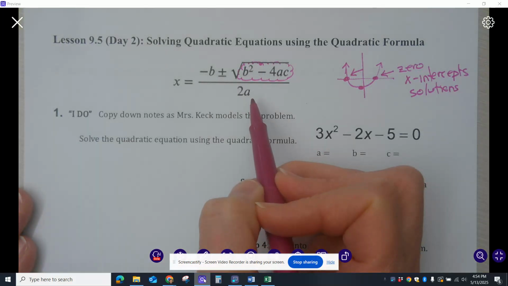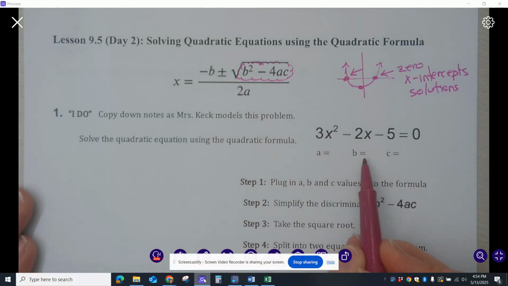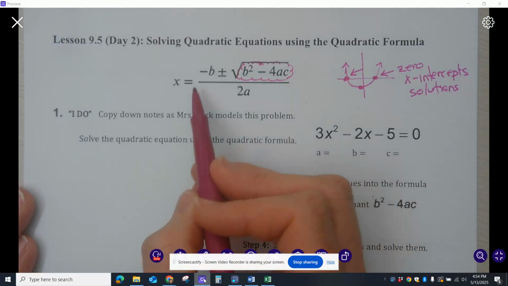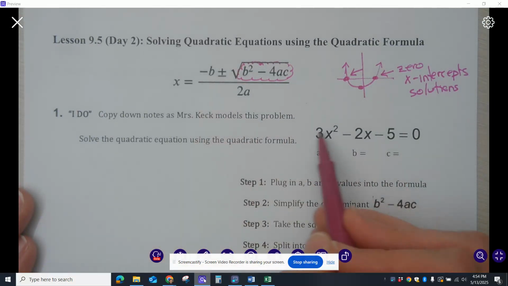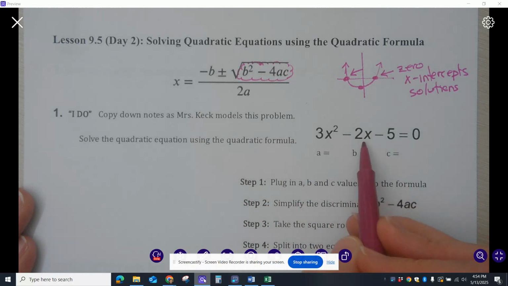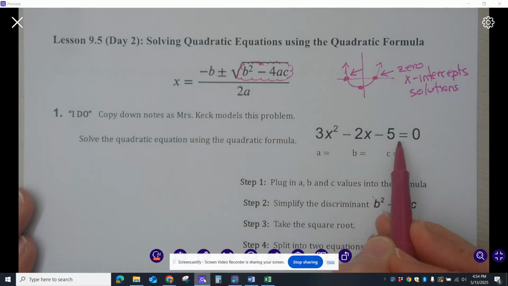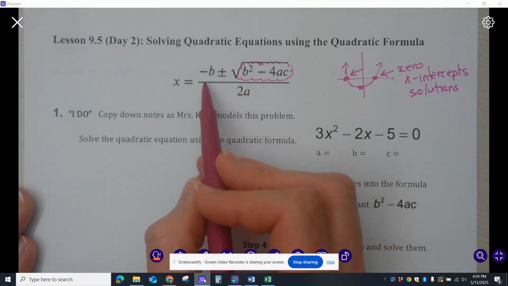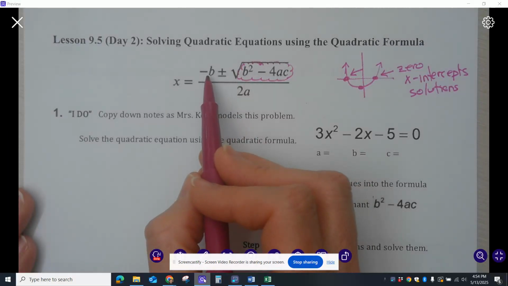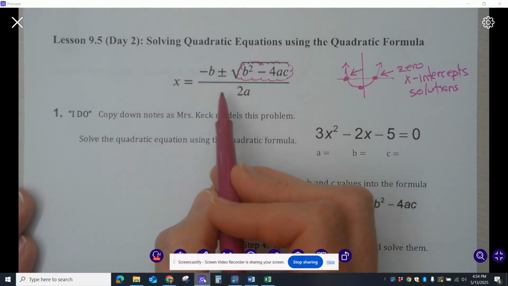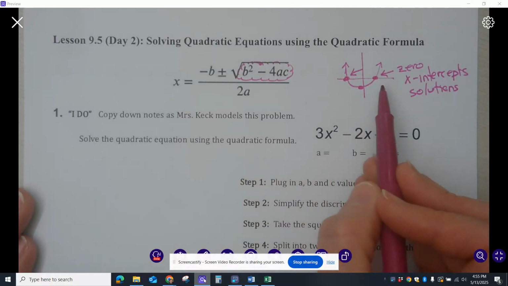So our first step will always be find our a, b, and c, because once we have our a, b, and c, we can kind of forget about this equation. We're kind of leaving the variables behind and just concentrating on these numbers. We're going to substitute our value of b and a and c in here to find those zeros.